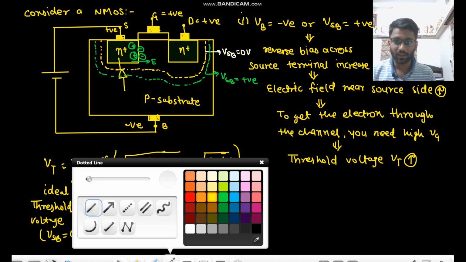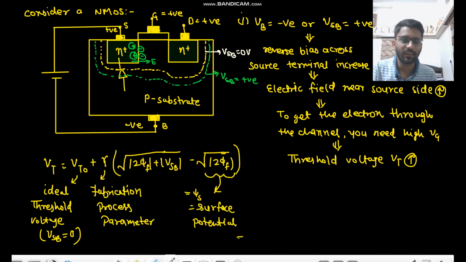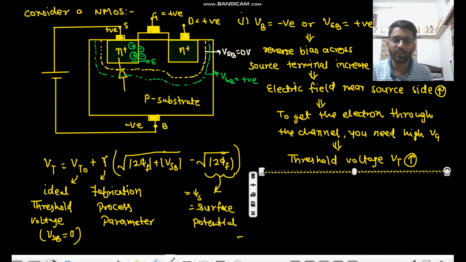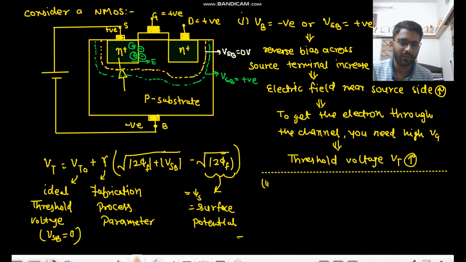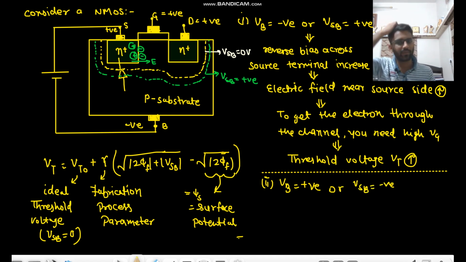Okay, now we will see one more case where we apply VB to be positive. Now your VB is positive, or VSB is negative. So what will happen?